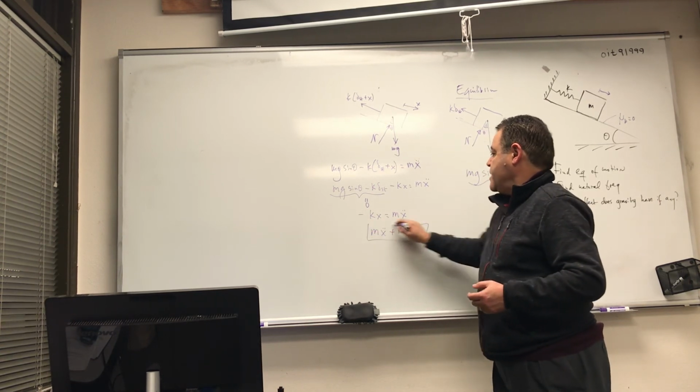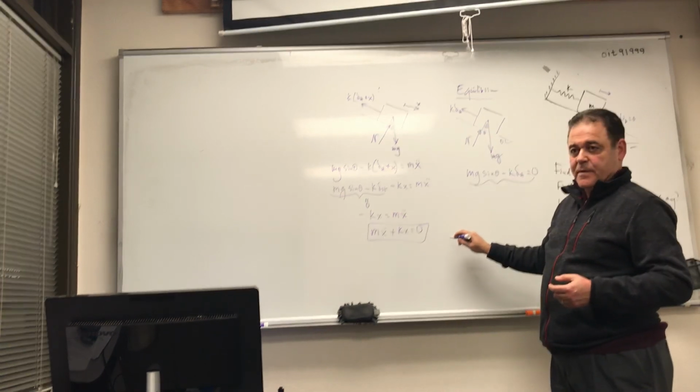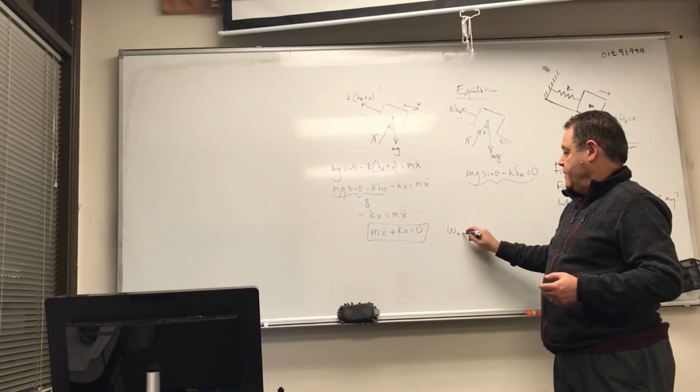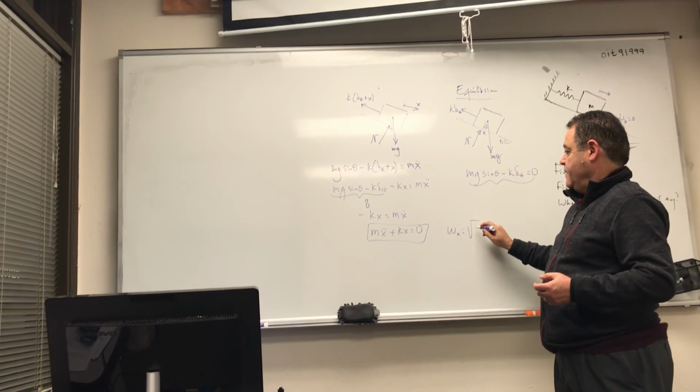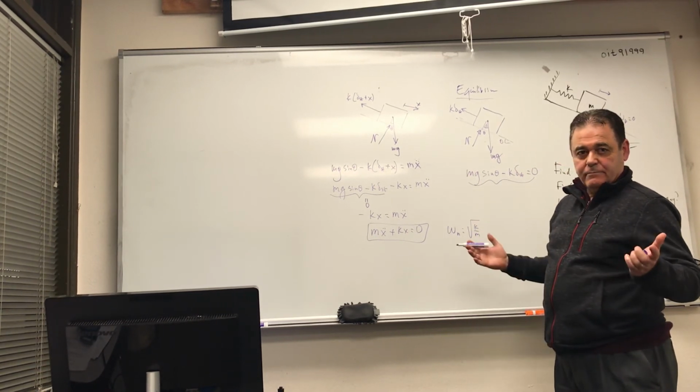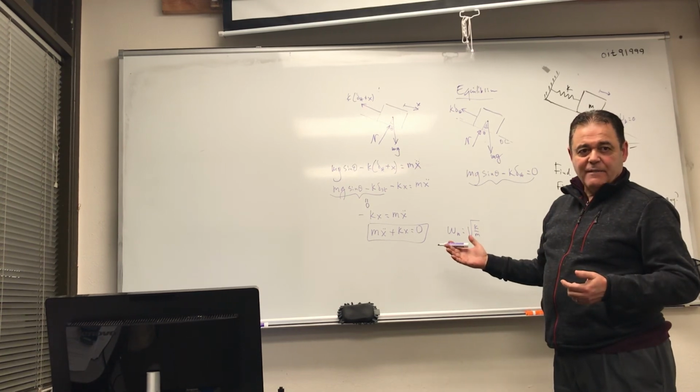So what is the natural frequency of my system? Square root of k over m. Then, is the gravity having an effect in here?